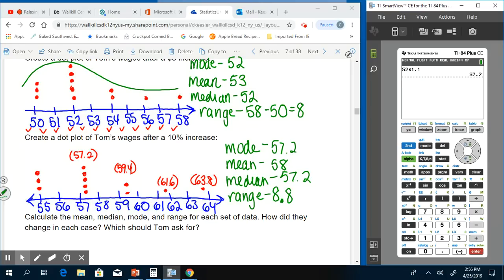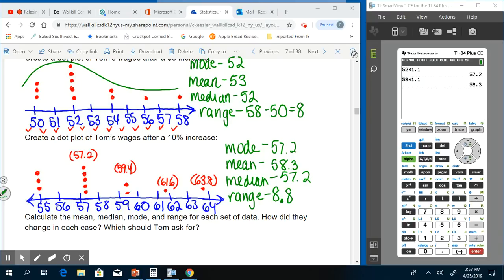My original mean was 53, times 1.1, would give me the 58.3, which I rounded to 58, so I should leave the 58.3 there. Then the median again is times the 10%, and the range is times 10%. So it didn't just affect the mode, mean, and median. It affected all 4 values by multiplying them all by 10%.